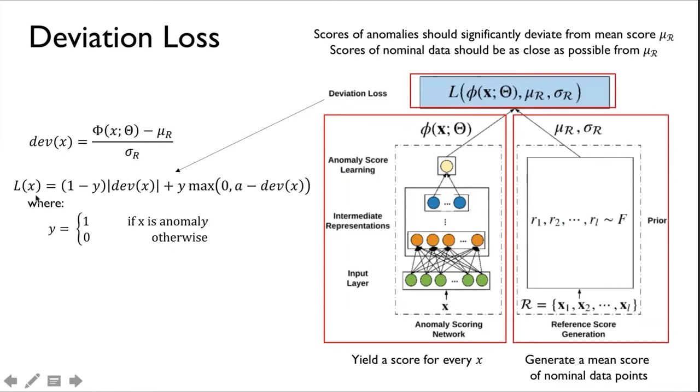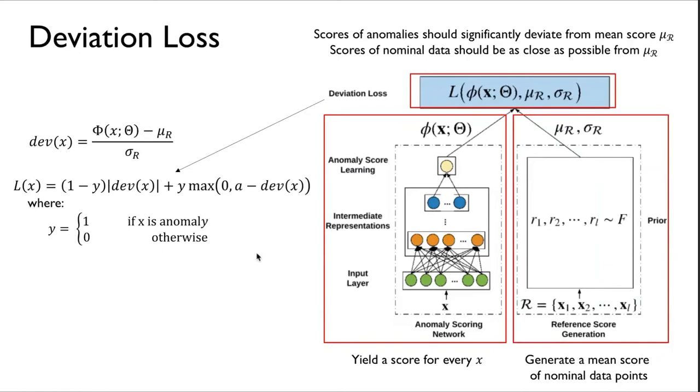And then for each data point, the loss is defined as follows. y is the label of the data point. It is 1 if anomaly and 0 otherwise.